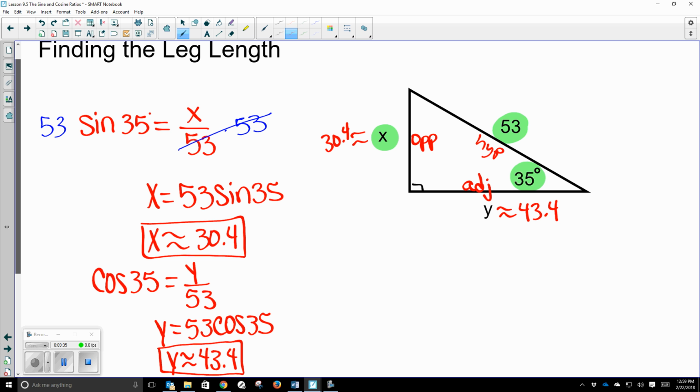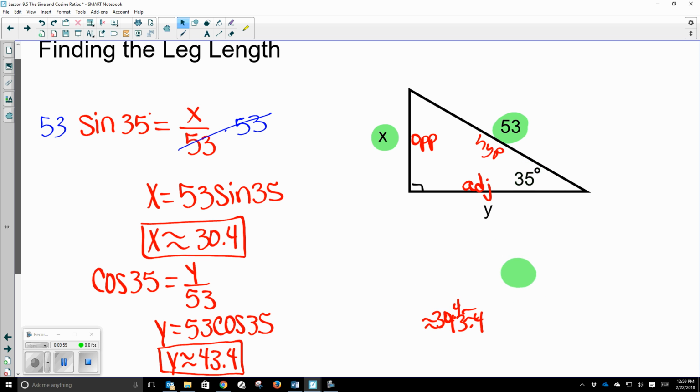Any ideas on a different way to find x without having y, without involving y? You don't have to know this, but can anybody figure out a different way to find x? Let me move some of this stuff and maybe there is a different way to find x.